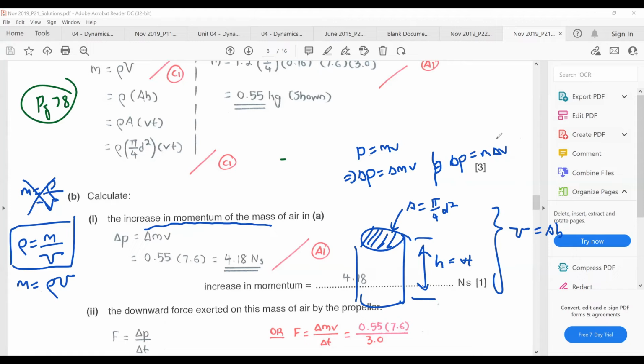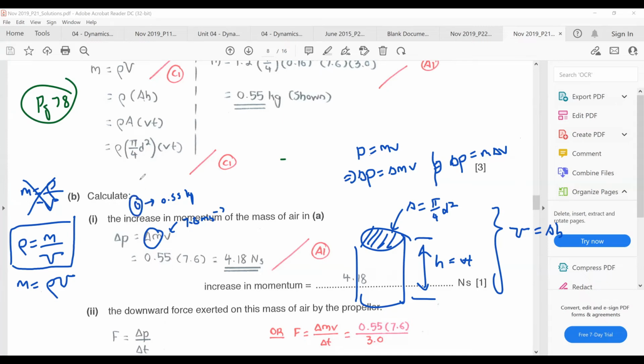In your case here, what is changing is actually the mass. Before you start the propeller, there's no mass. When I want to write out the momentum change, it is actually delta m times the speed. The speed here is 7.6 meters per second. The change in mass is from 0 to 0.55 kg.